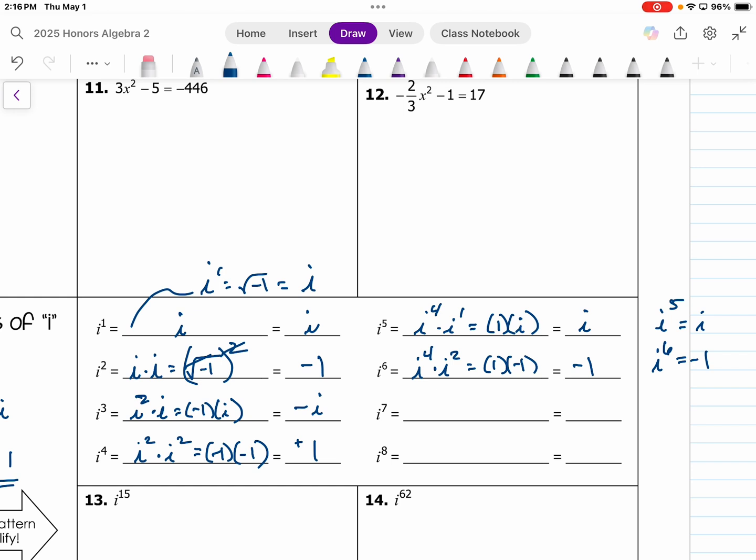I to the 7th, again. Well, I can do this as i to the 6th times i, because I know what i to the 6th is. It's negative 1, and we know i is just i. And so i to the 7th is just negative i.